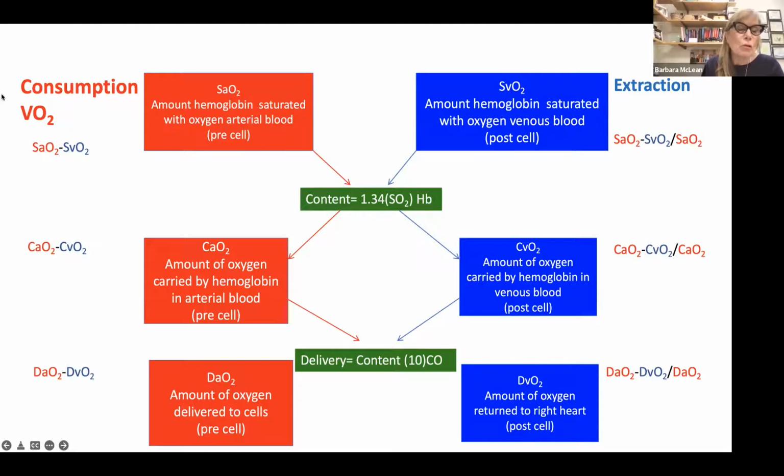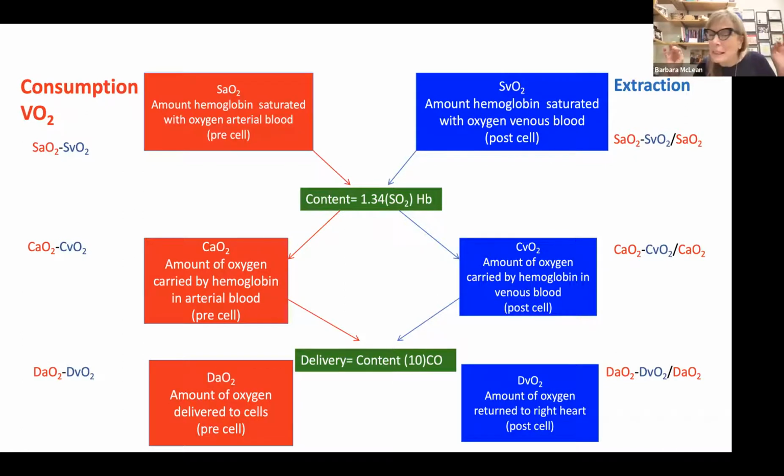So this is your consumption level, and this is the proportional amount that you are using. Extraction goes up in a poor blood flow state, and it decreases in a microcirculatory obstruction state like sepsis, like volume overload. So really important for us to understand these.